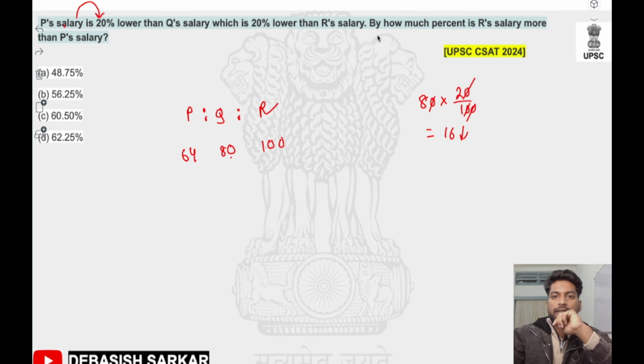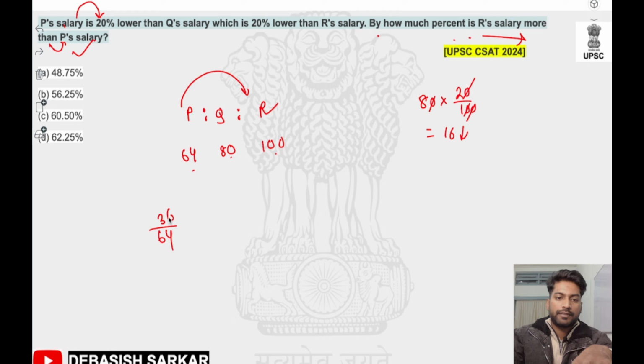They are asking by what percentage R's salary is more than P, comparing with P. So where is the comparison from? From P. So just write P here. And how much more is R's salary? 64 and 100, that is 36 more, into 100. So 36 more. You can divide this by 4.